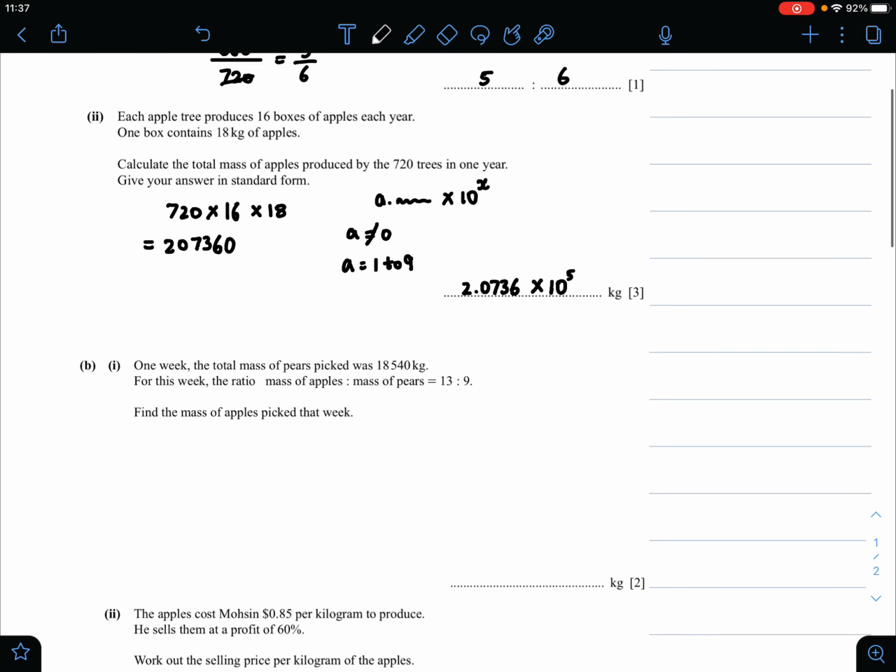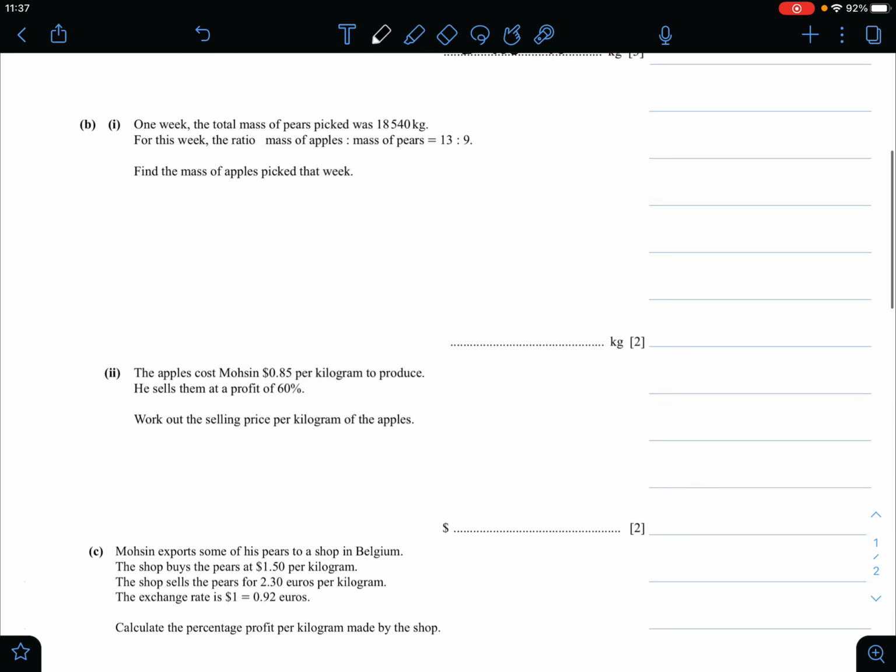Now let's move to part B1, where they are asking us to find the mass of apples picked that week. So they are telling us that the mass of apples to the mass of pears are in the ratio 13:9, and they are telling us that the total mass of pears picked was 18,540. So now all you need to do is cross multiply.